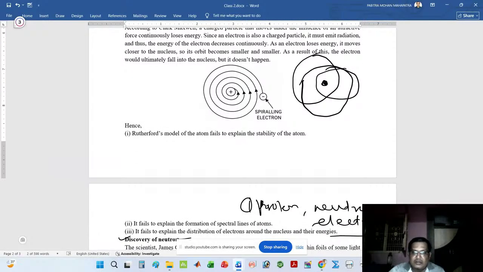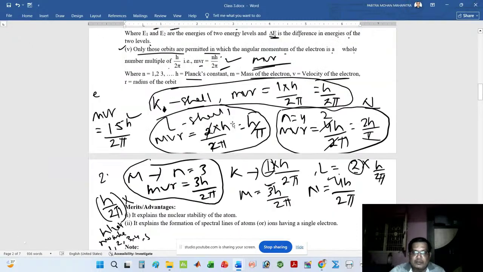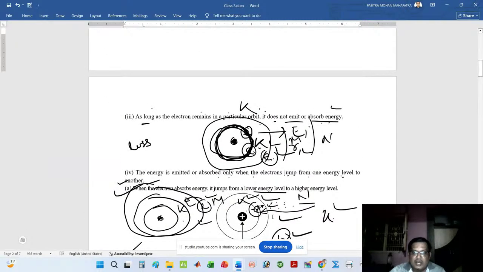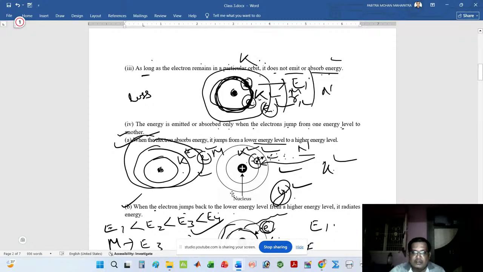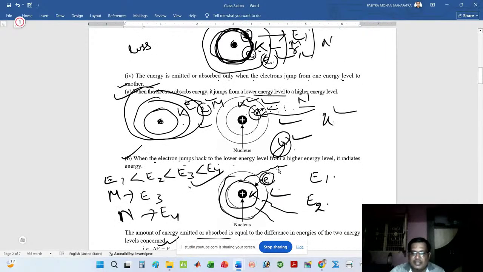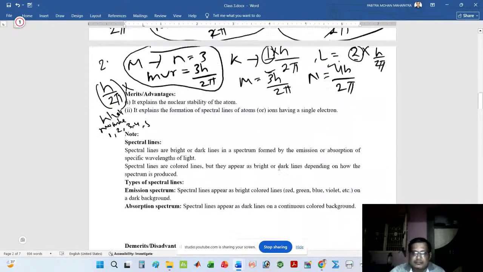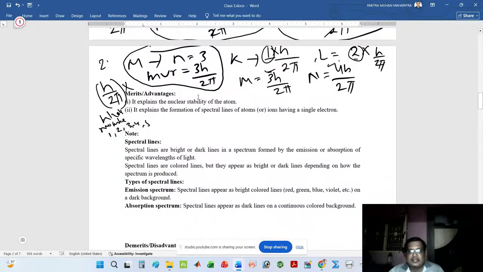But here there is no chance of collision. The electron continuously rotates in a fixed path and does not change its position. If it absorbs or emits energy, then it will change the orbit. Otherwise, it will not change. So it clearly explains the nuclear stability of the atom.